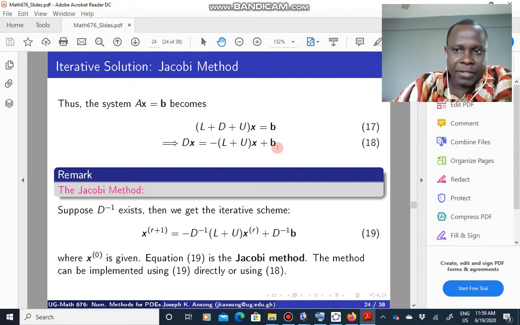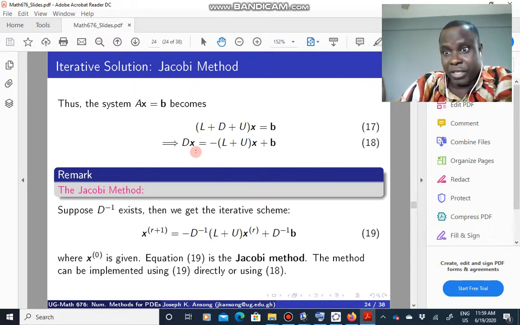Okay, so you assume that you are given some initial vector x, say zeros, right? And then you solve for x, and then you go to another step where you plug in what you have already found into here, then solve for another x, and so on until you converge to some solution.